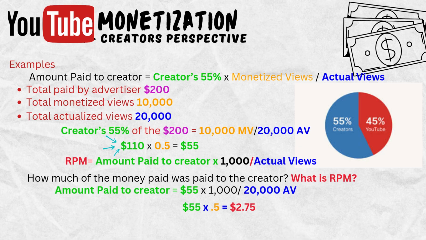And this RPM was calculated through the amount paid to the creator times 1,000 over actual views. So the amount paid to the creator is 55 times 1,000 over 20,000 actual views, which is 55 times 0.05, which equals $2.75.